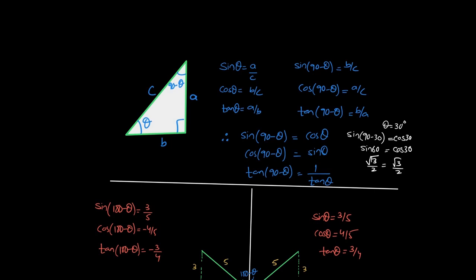Similarly, if theta is same 30 degree, cos 90 minus 30 is cos 60 and sine 30. So cos 60 is half and sine 30 is half. And for this, tan 90 minus 30 would be tan 60 and 1 upon tan 30. So tan 60 is root 3 and 1 upon tan 30 is 1 over root 3, which is also root 3.